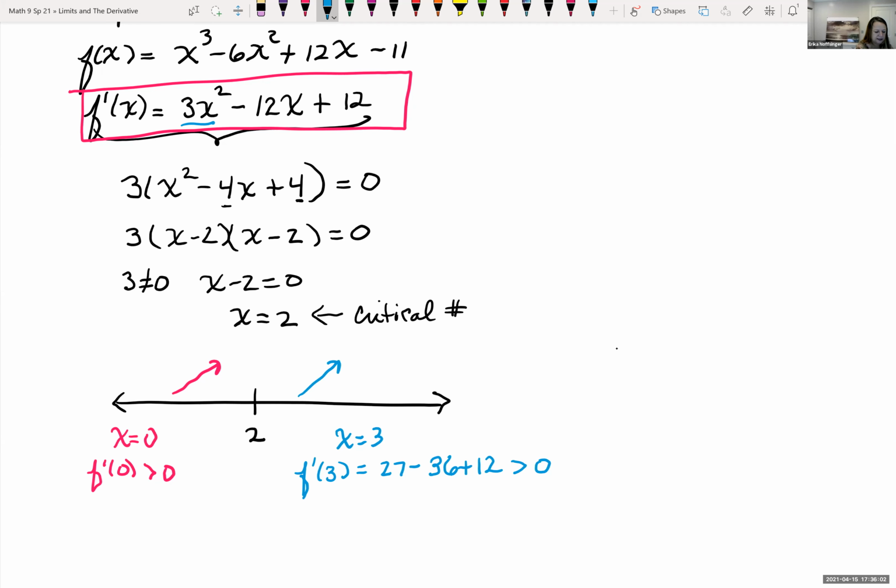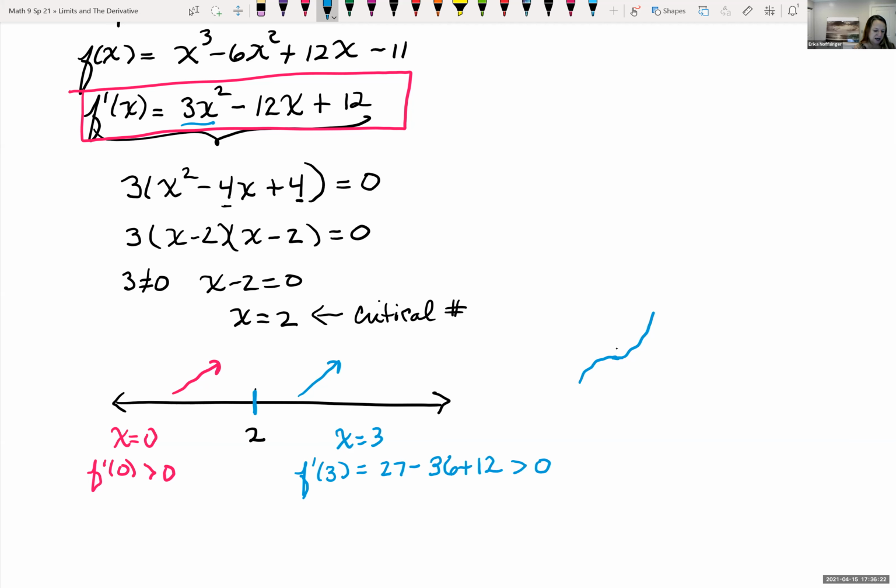So it's also increasing. So this function is strictly increasing. And right here, we have that that was 0. So it's going to look something like this, where it levels out a little bit and then goes back up.